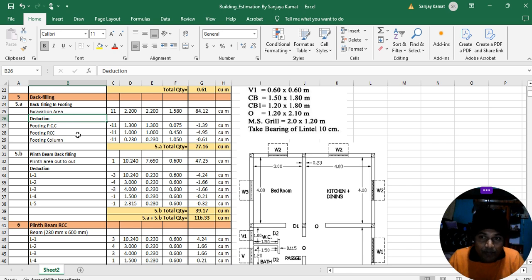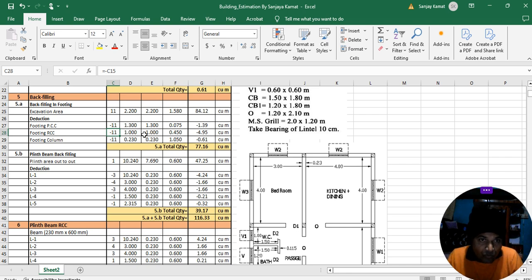Once we do the filling or backfilling and pour the concrete material, we don't require the extra part, so for that purpose we remove the extra footing. So for this we again subtract -11.